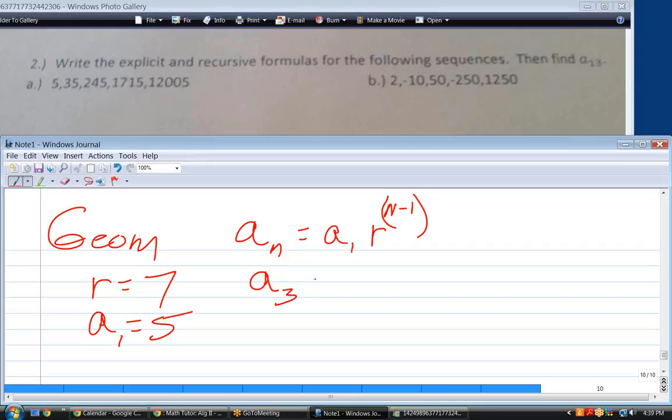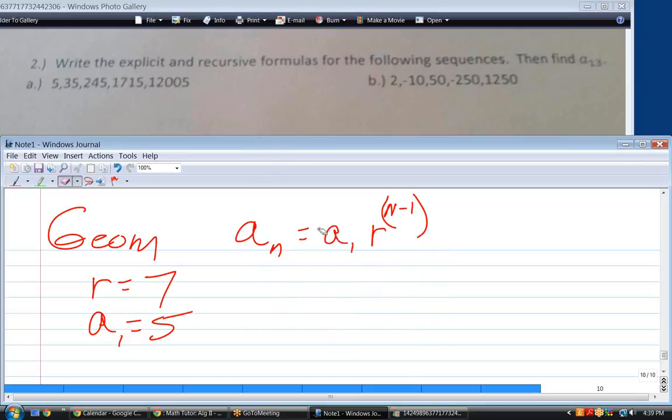Let's make sure that it comes out to be that. What's n minus 1? 2. 5 times 49 is 245. So we have the correct explicit formula.